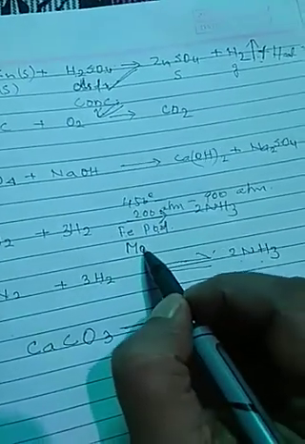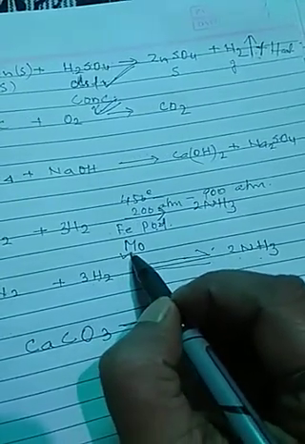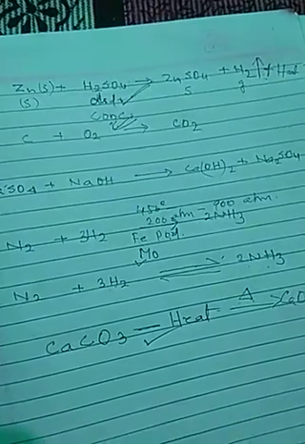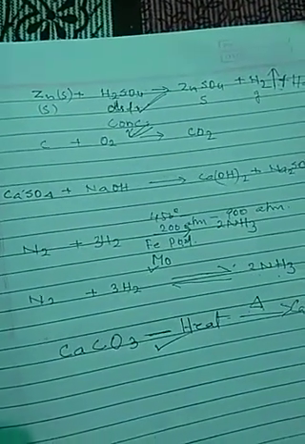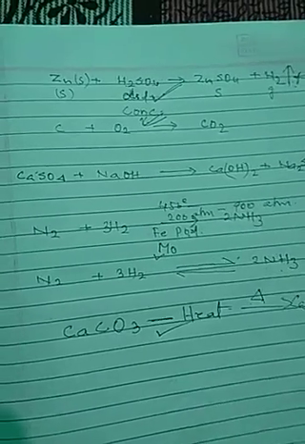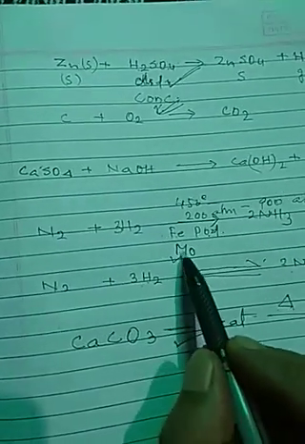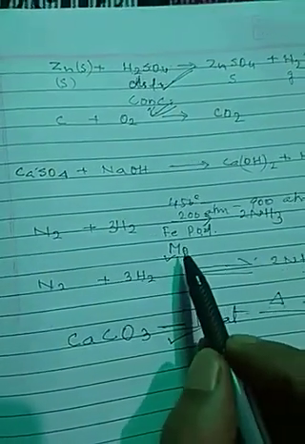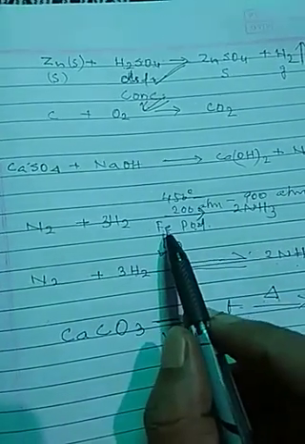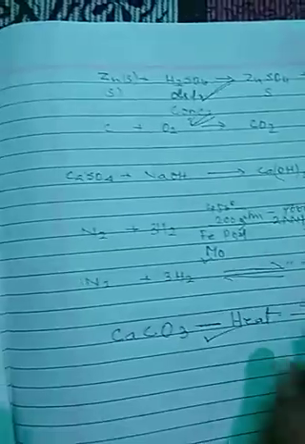This molybdenum is the promoter. A promoter is a chemical substance which increases the efficiency, the power, of the catalyst. So if we write Mo here, it means molybdenum promoter is used to increase the efficiency of iron powder.